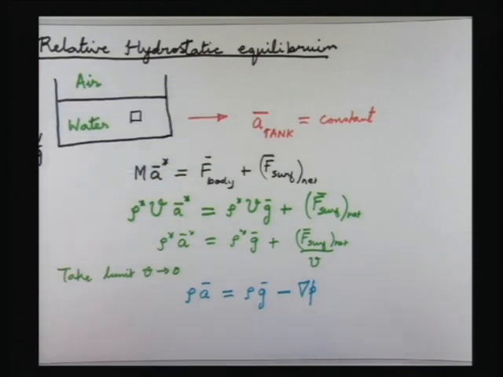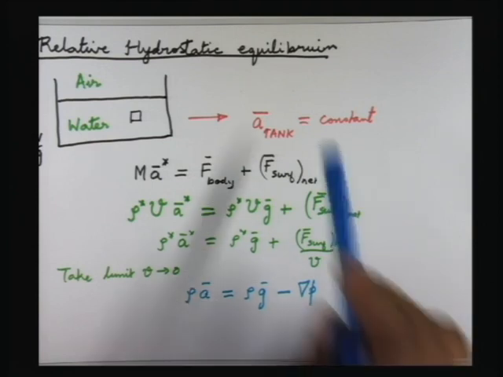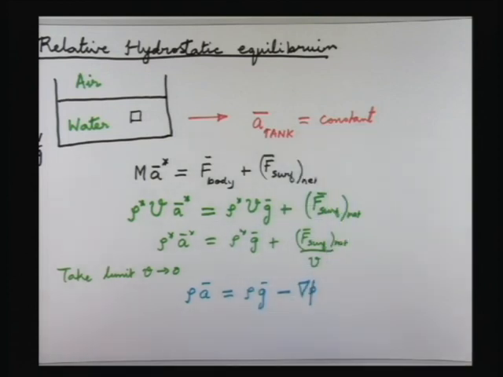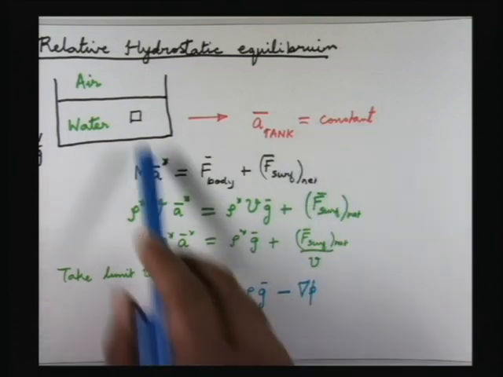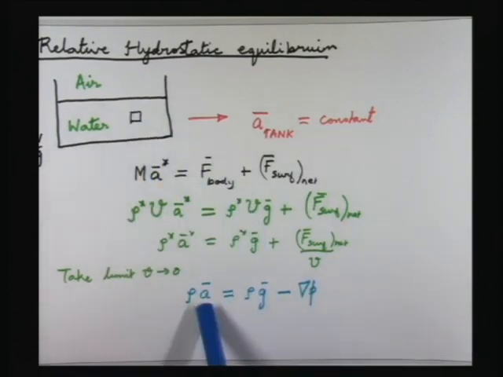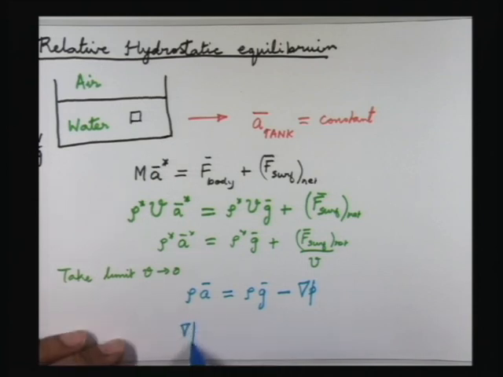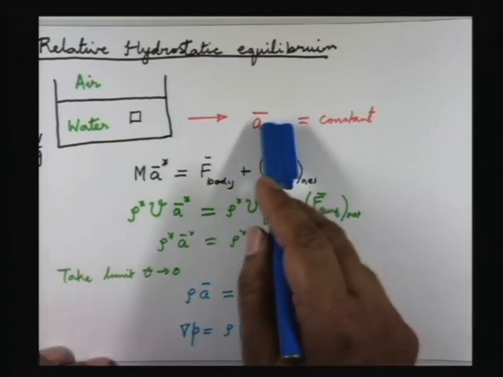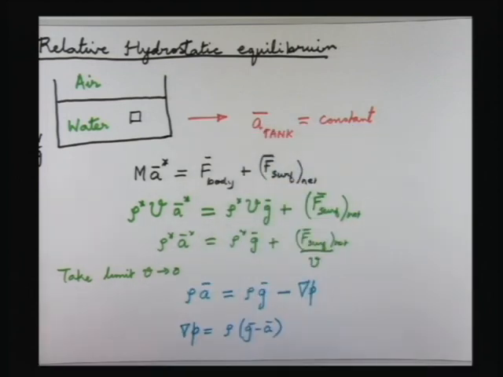There is a transient period when the oscillations are damped out, and eventually the acceleration of the fluid particle will be the acceleration of the tank, a constant. So you are going to have this equation: grad P equal to rho g minus A. I moved this grad P to the left hand side and the A to the right hand side. And this A will be the acceleration of the tank, which we are taking to be a constant vector.